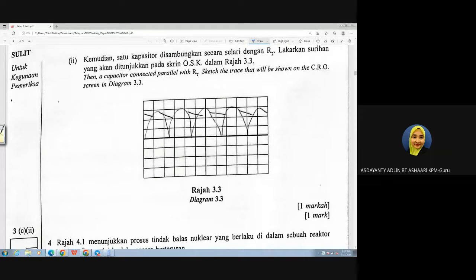So 3, awak lukis atas line ni, ni line ni kan yang ada black hitam tu. So awak lukis atas tu. Bentuk dia 3. Ini 3. Macam tu. Okay. Yang asal macam tu kan. So ikut je lah 3.